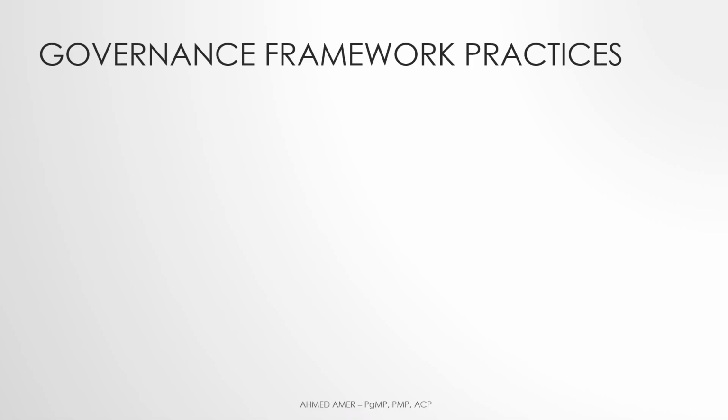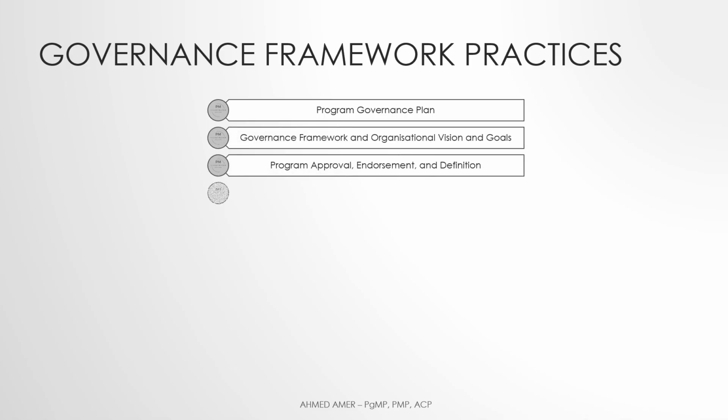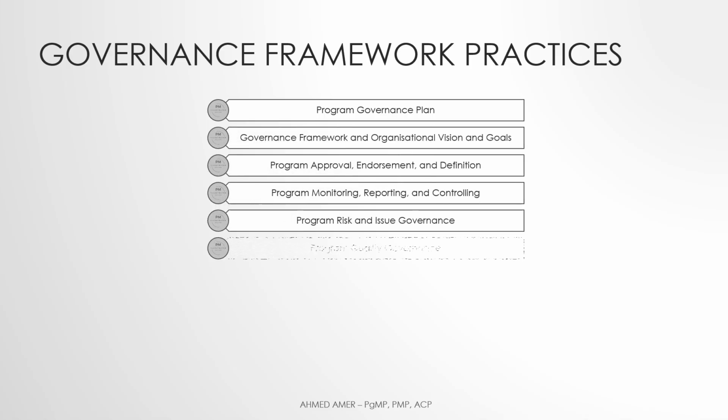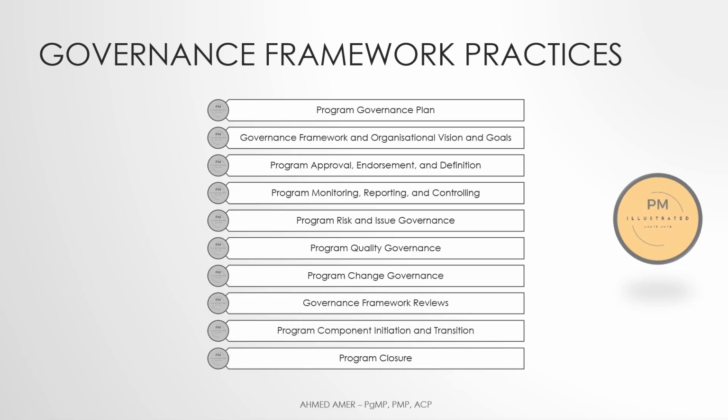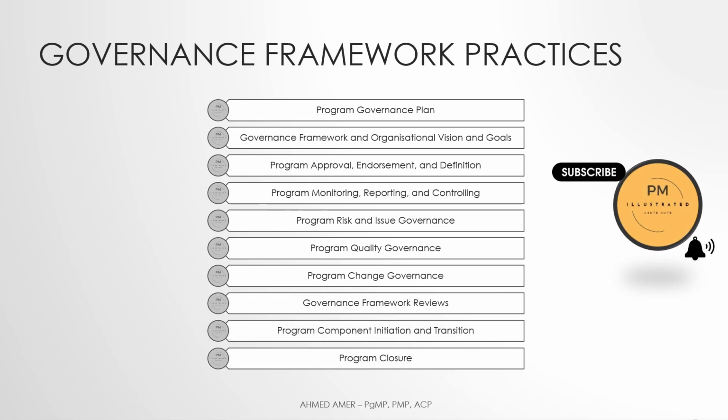These are Program Governance Plan, Governance Framework and Organizational Vision and Goals, Program Approval, Endorsement and Definition, Program Monitoring, Reporting and Controlling, Program Risk and Issue Governance, Program Quality Governance, Program Change Governance, Governance Framework Reviews, Program Component Initiation and Transition, and finally, Program Closure.